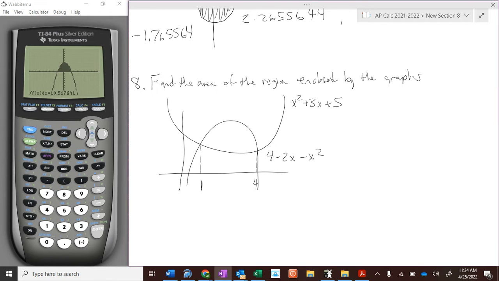Okay? What about this one? Same thing. Let's do it quick. X squared plus 3x plus 5. The other one is 4 minus 2x minus x squared.